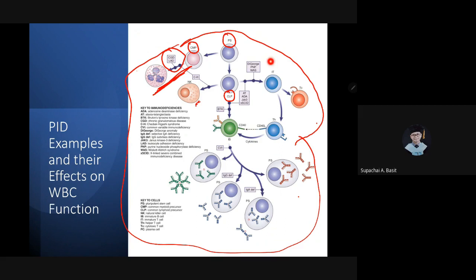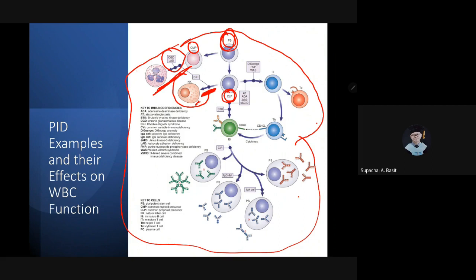Now, if you have, for instance, the pluripotential stem cell, which is supposed to mature into the common lymphoid progenitor, and this will give rise to the natural killer cell. But somewhere along the way, there is a problem in the maturation of the natural killer cell.